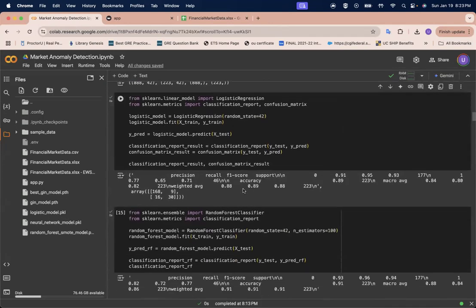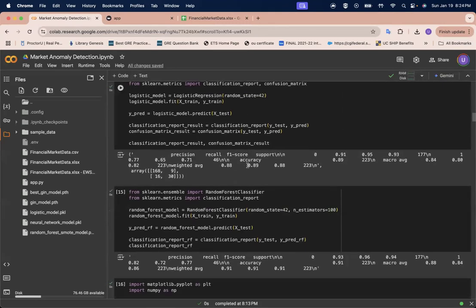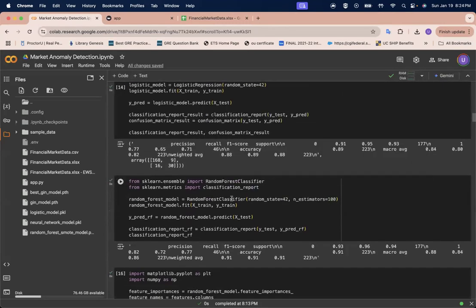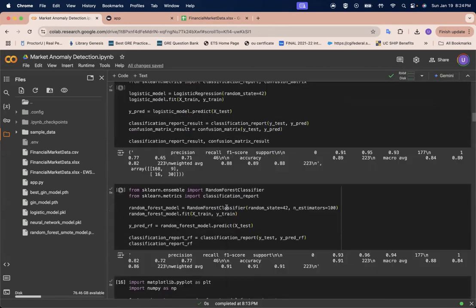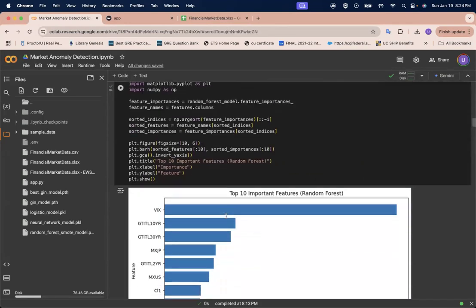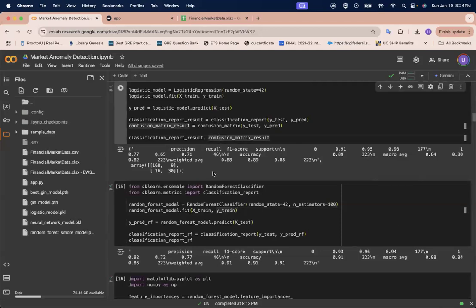Once we have pre-processed our data, we start with working with the machine learning models. We start with the simple machine learning models such as logistic regression, and then perform random forest with mode. Here initially we notice that there is class imbalance.